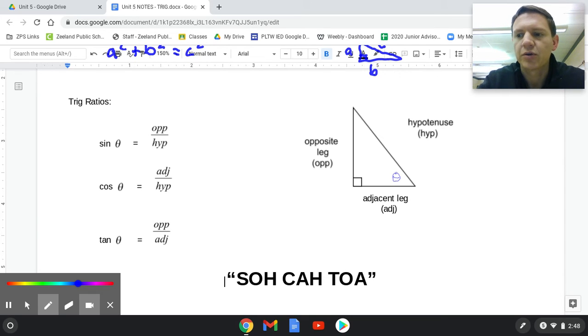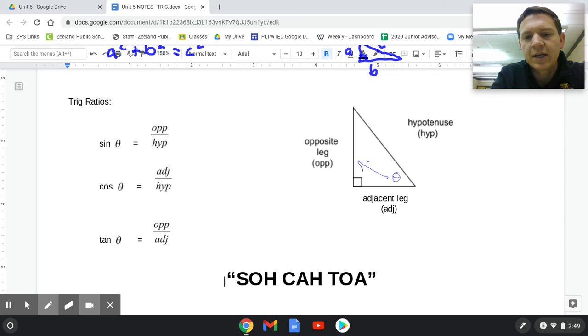So sine of theta is the ratio of the side opposite the angle. If we look opposite the angle, the length of that side over the length of the hypotenuse. So sine of theta is always equal to the ratio of the opposite side length to the hypotenuse length.